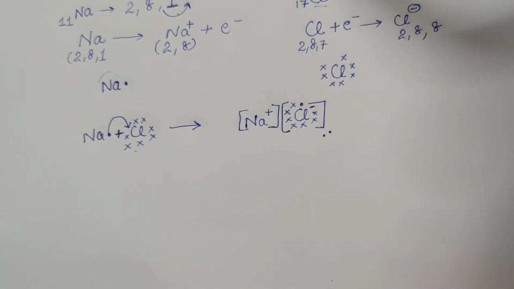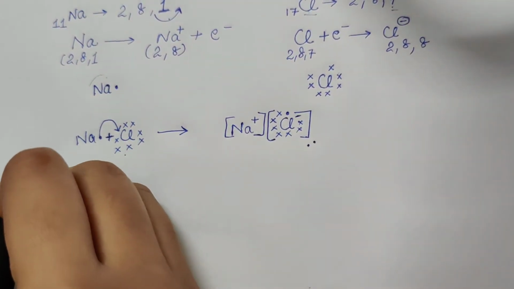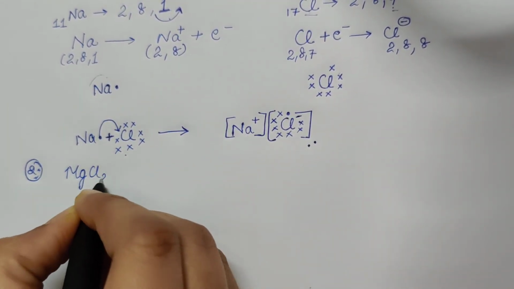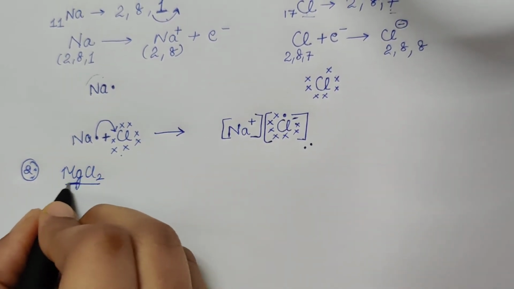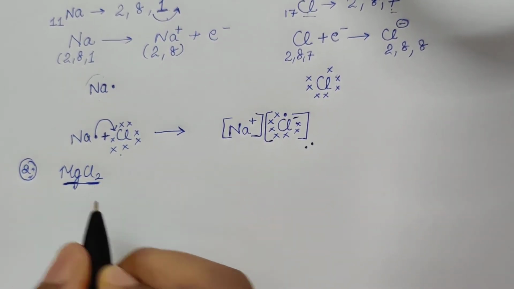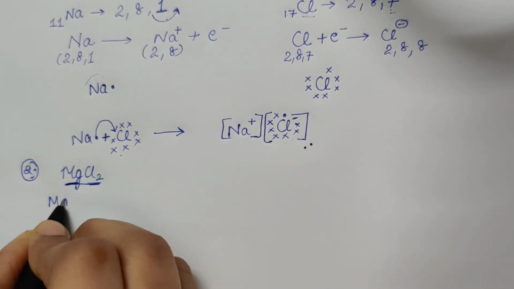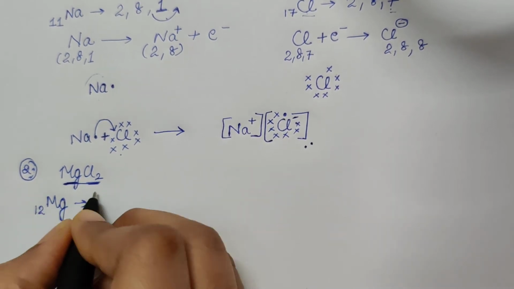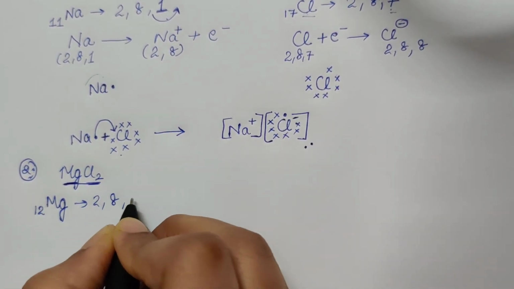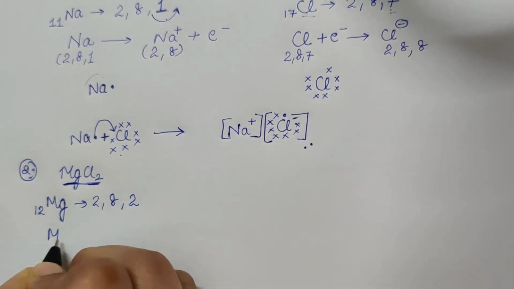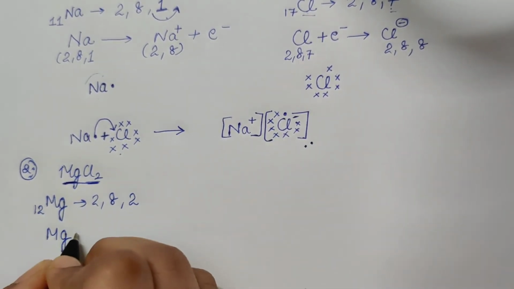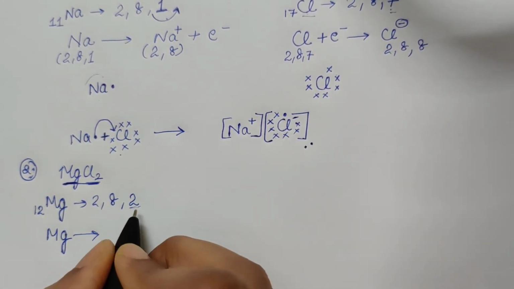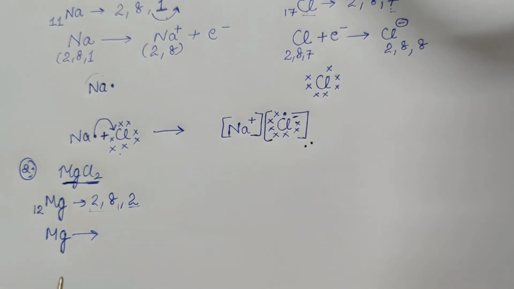Now let us see another one, magnesium chloride. We have to see how you can show that. Here the metal is magnesium and the non-metal is chlorine. The electronic configuration of magnesium, the atomic number is 12, so it is 2 8 2, and in equation form you can represent it like that: magnesium will lose 2 electrons from the outermost shell to attain the stable electronic configuration.